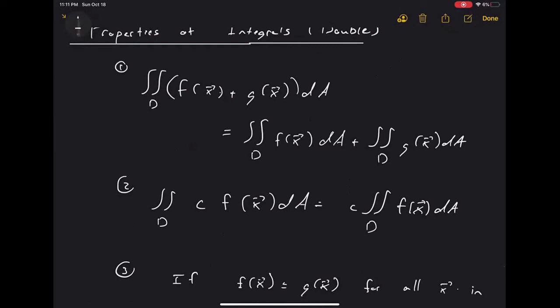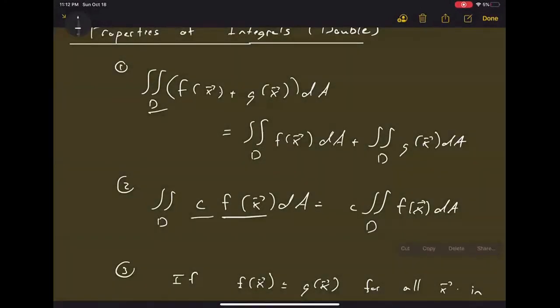But these have the exact same properties as our single variable functions. Okay, so first is this kind of additivity. If I'm integrating f plus g on the domain D, that's the same as integrating f on D and then adding the integral of g on D. We also have this idea that we can pull out constants. If I have a constant times my function, I can pull that constant outside.